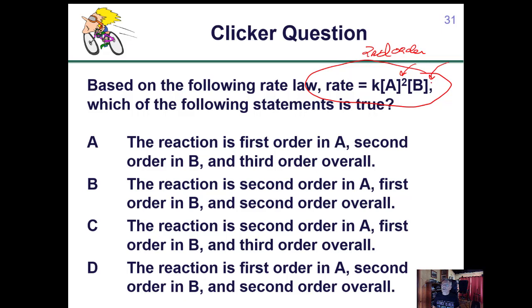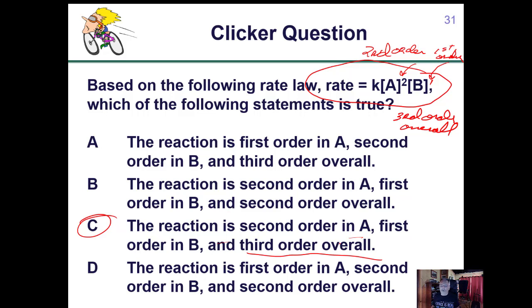Now, if we don't have an exponent up here, we understand that the order is 1, and so we would say this is first order in B in this particular reaction. The reaction is second order in A, first order in B. You just add them up and you get third order overall for that reaction.